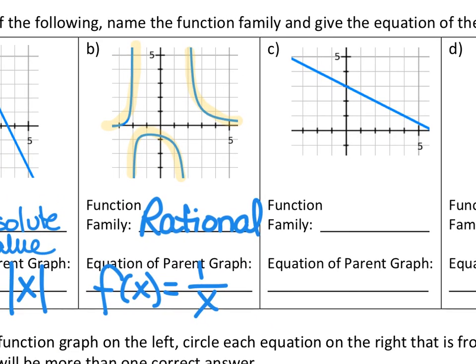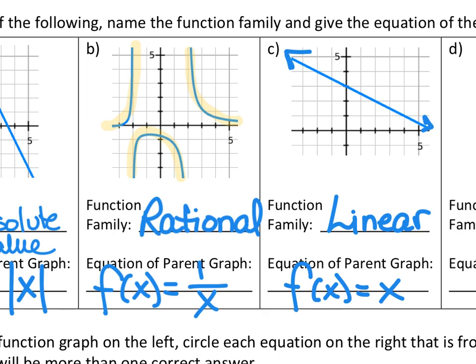A straight line with nothing else going on, no twists, no turns, no sharp corners, goes on forever in both directions. That's going to be a linear function. And the parent equation for that function family is just f of x equals x.